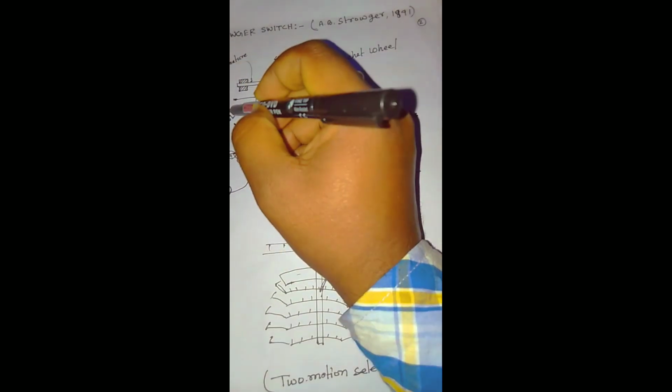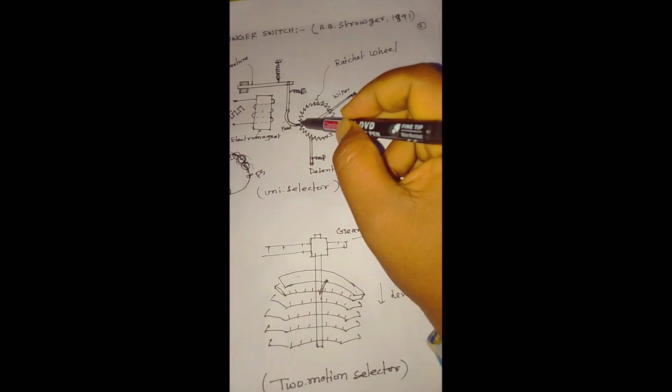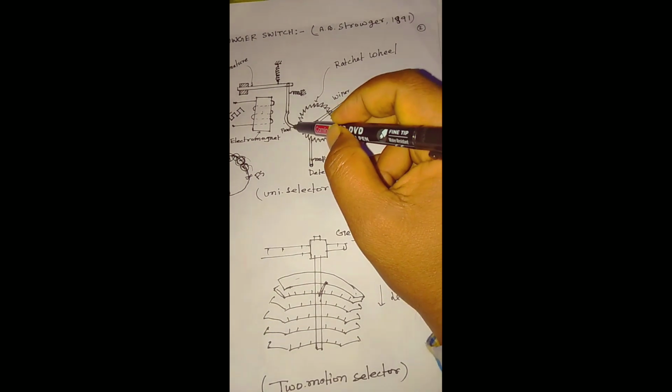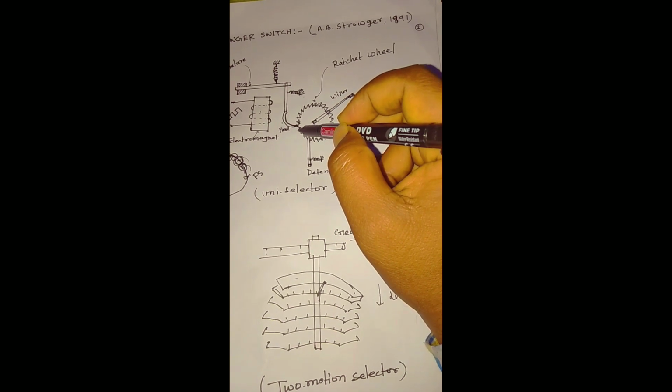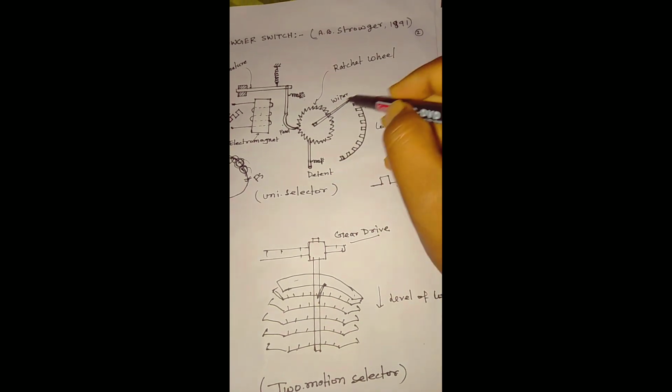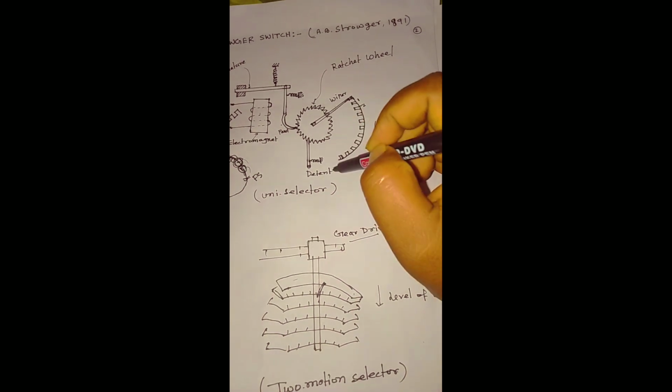For the next pulse, again we have the make phase, and the same thing happens. The pawl catches on the lower tooth, so ultimately the wiper moves to position 2. Now the detent helps to retain its position.